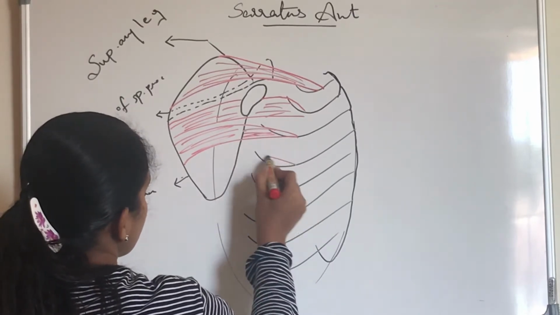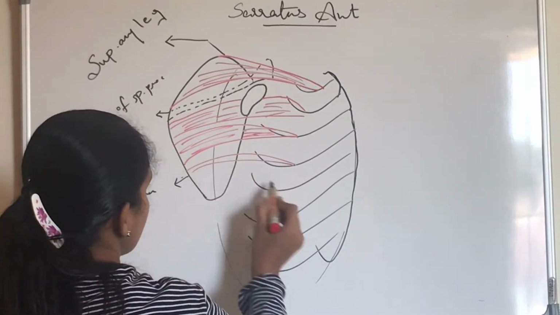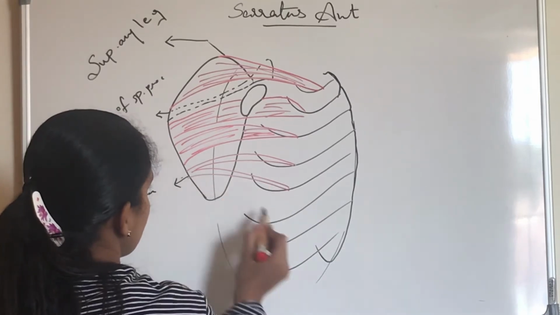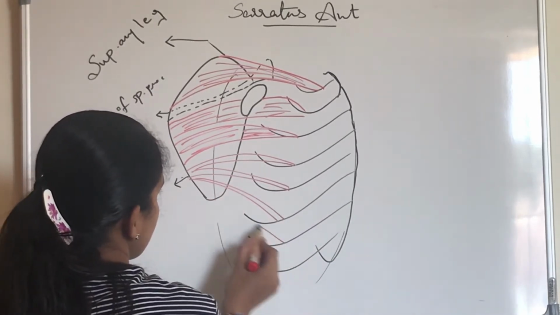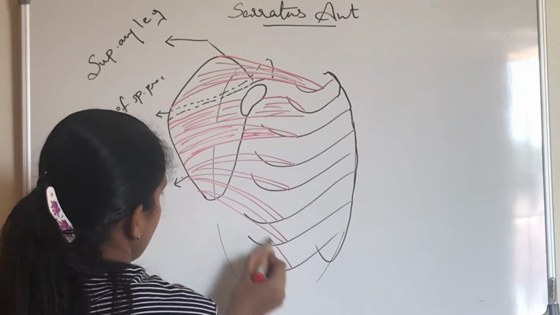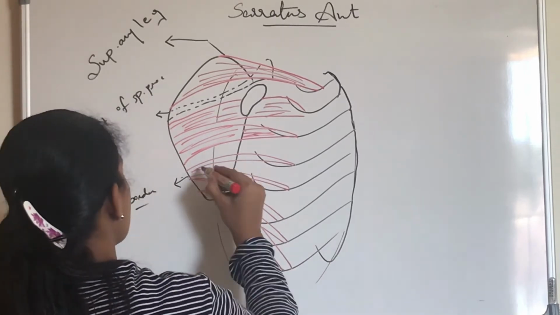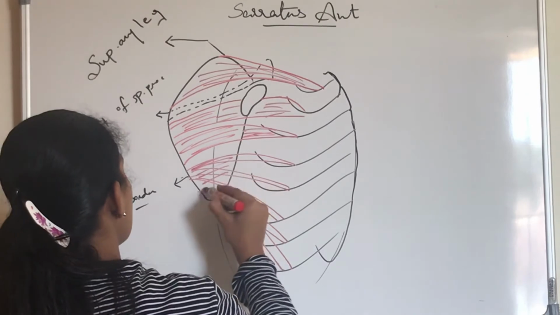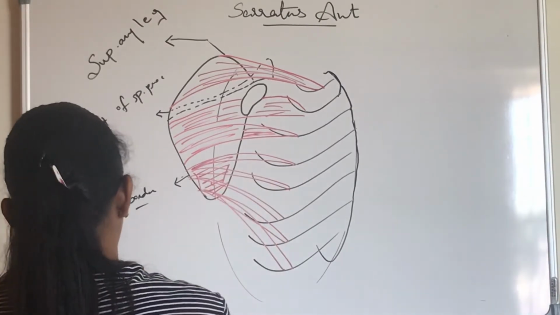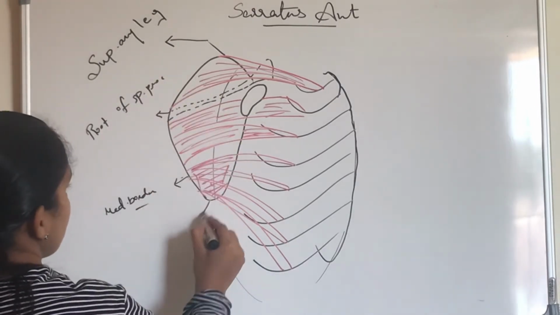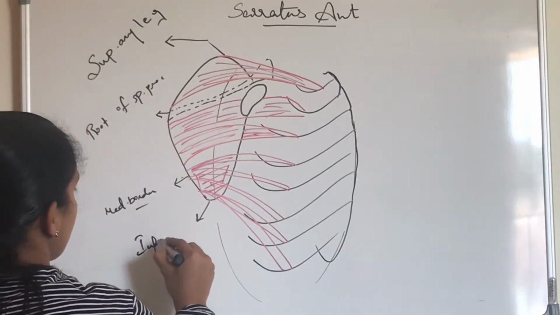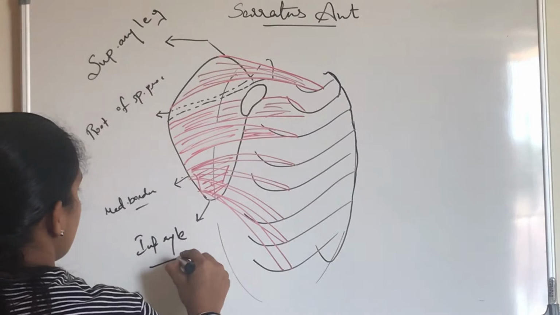Rest we have 5 more digitations. Fourth digitation, fifth digitation, sixth, seventh and eighth digitation. All these lower 5 digitation gets inserted into the inferior angle of scapula. Like superior angle, you have inferior angle of scapula.